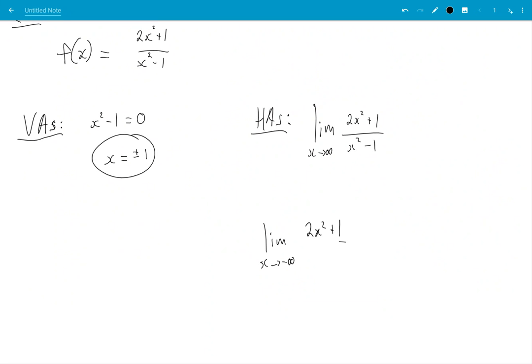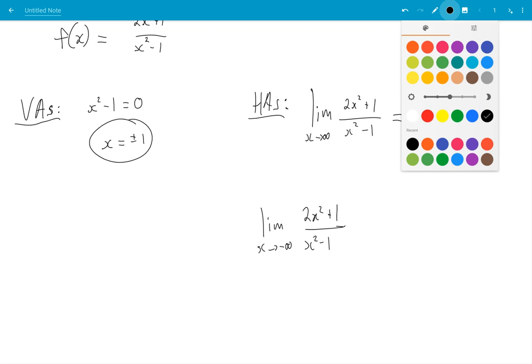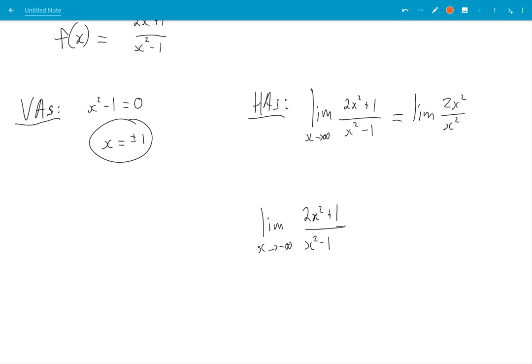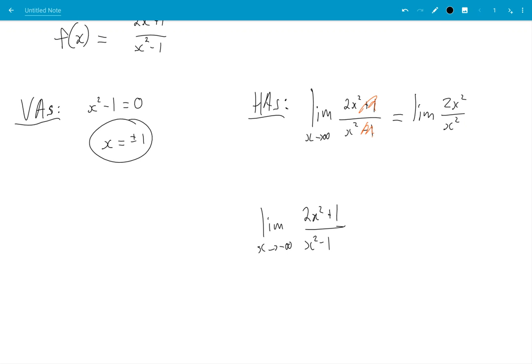All right, so back to this horizontal asymptote example. I do a limit. At this stage in the course, I'm going to allow you to just say to yourself, this 1 here doesn't matter, and this minus 1 here does not matter when x is very large, so we just get 2 here.